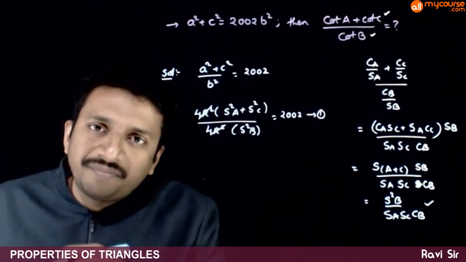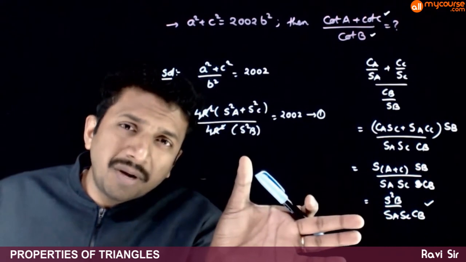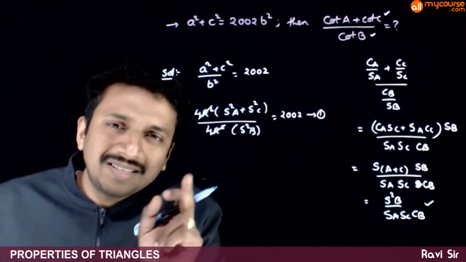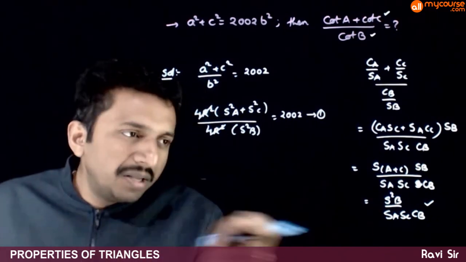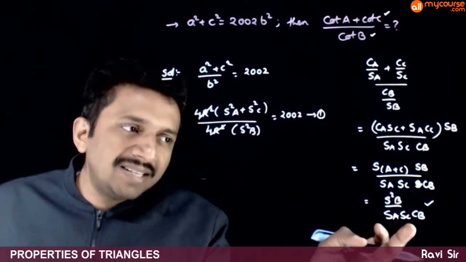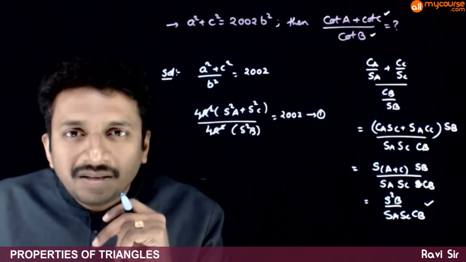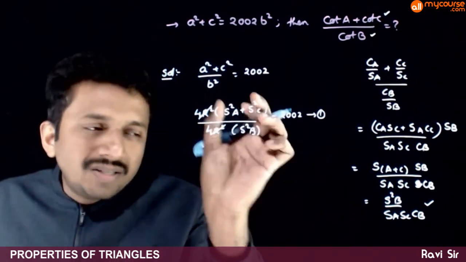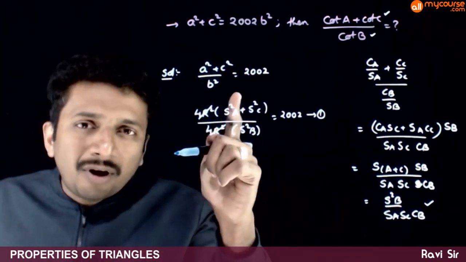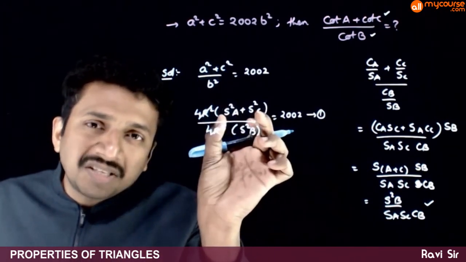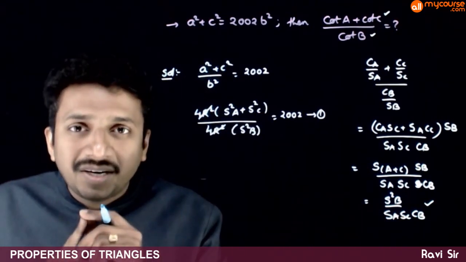That's the question now. If you very carefully look at these two equations, there is some similarity between them. You have sine square B and sine square B, but in the denominator you have sine A sine C cos B. Here you have sine square A plus sine square C. So is there any way in which you can convert this into this? Usually you have seen formulas where additions get converted into multiplications, the topic of conditional identities, right?